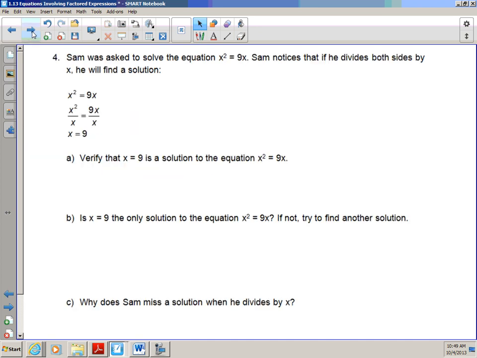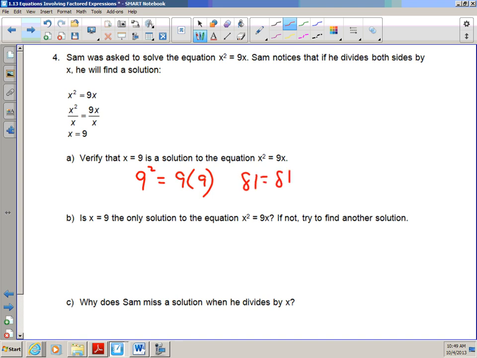So, let's take a look at the following. Sam takes the following approach to solving the equation x squared equals 9x. He says cleverly, oh, why don't I just divide each side by x and get my solution of 9? Well, is 9 a valid solution? Recall that to determine if any solution is valid, you substitute the number in for the variable in the original equation.